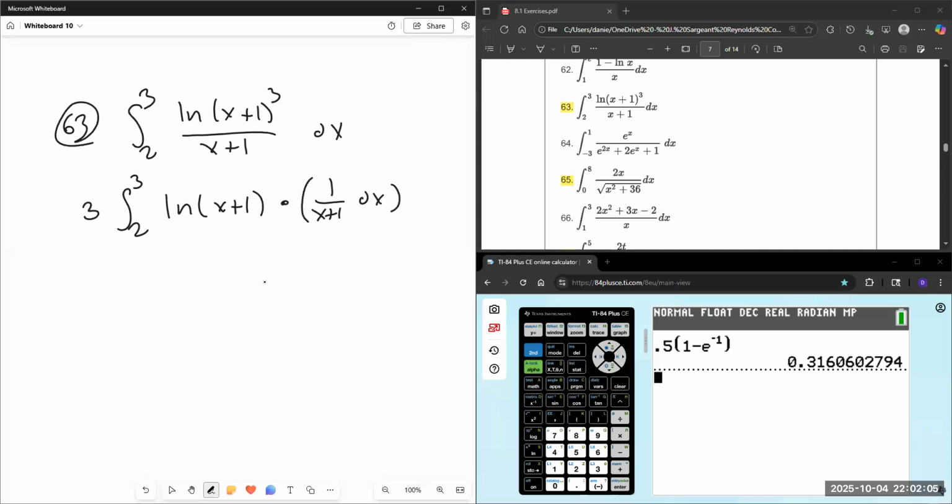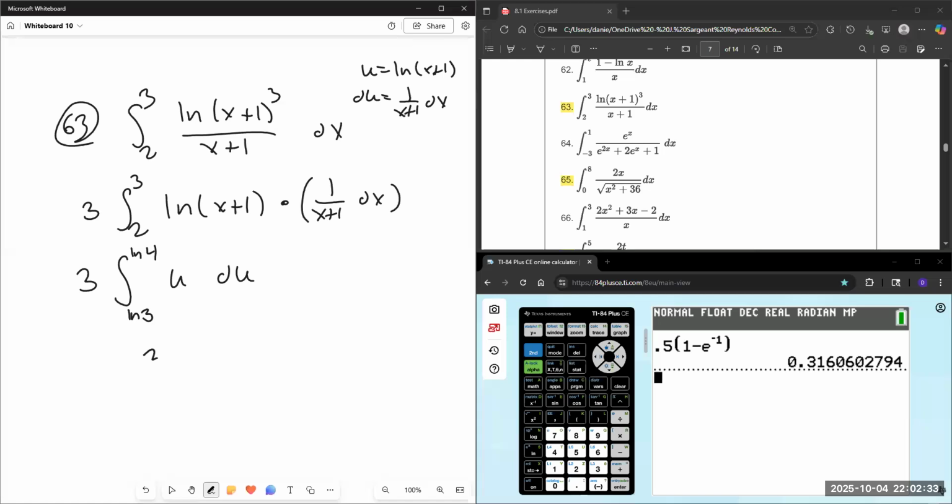This is u. This is du. This is 3, integral u du. This is ln of 3, and this is ln of 4.